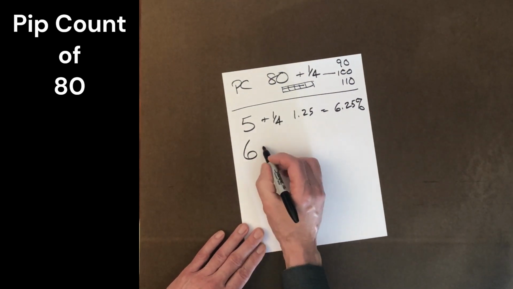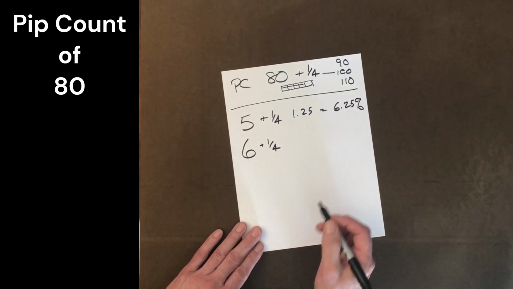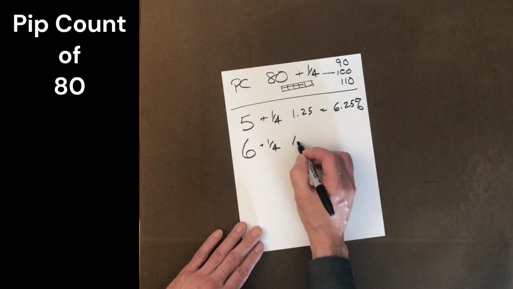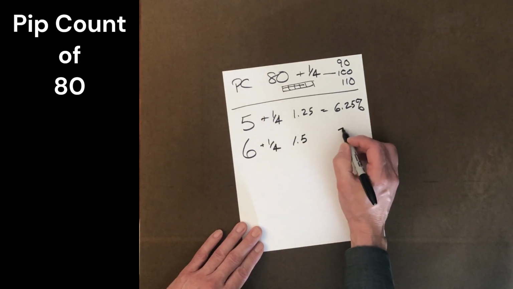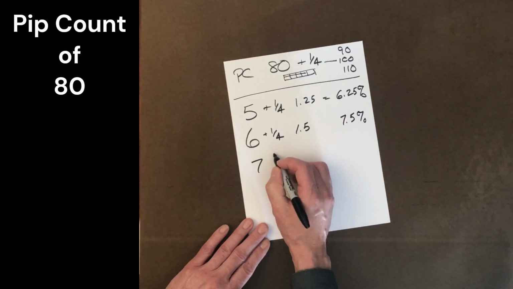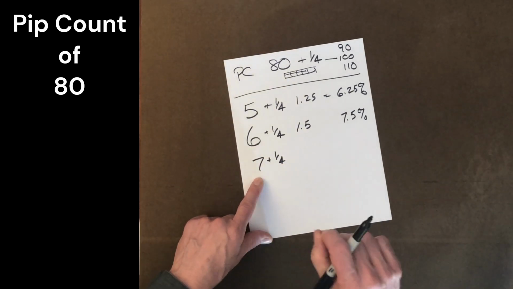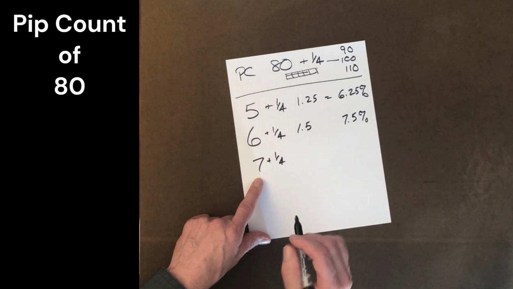Pip count of 6, we're going to add 1/4. So that would be 1.5. 7.5%. Pip count of 7, we're going to add 1/4. 8 would be 2, so this is a little less than 2.